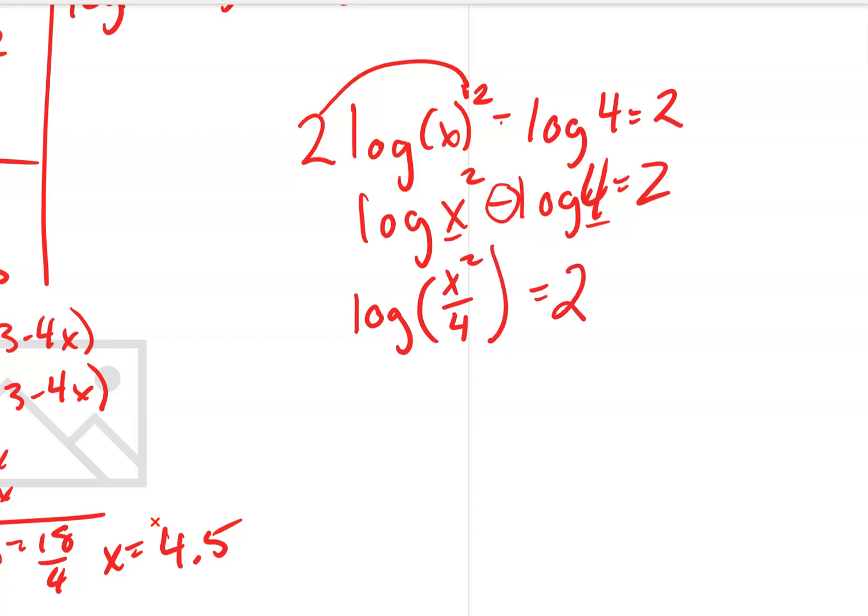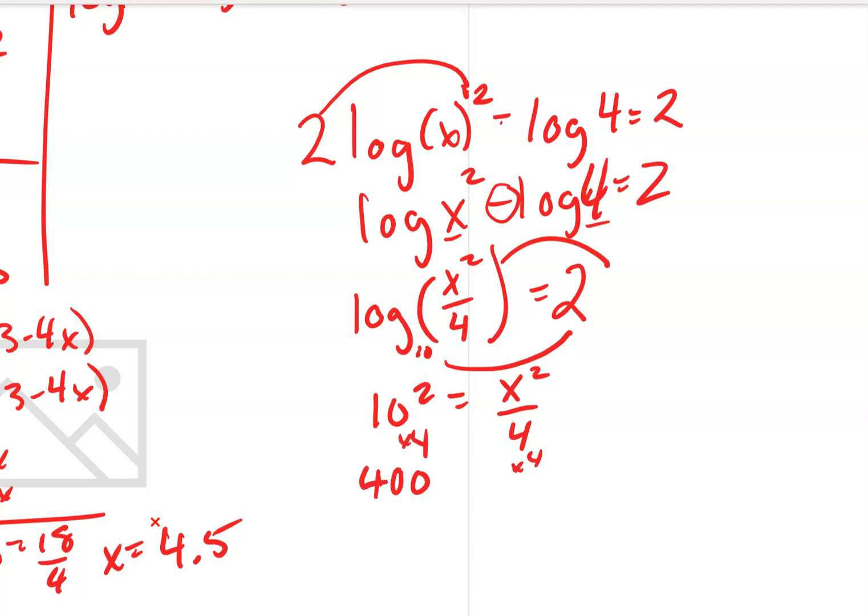equals 2. So now we're going to use our loop method. That means, since this is log base 10, that means 10 squared equals x squared divided by 4. 10 squared is 100. I'm going to multiply both sides by 4.